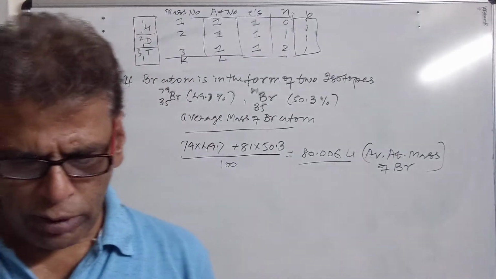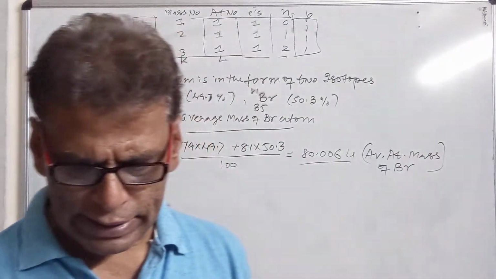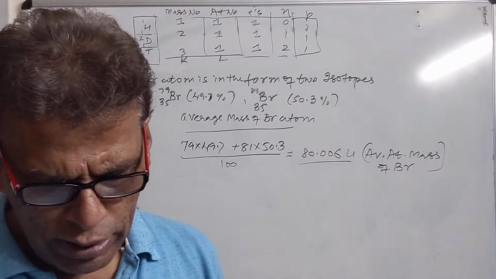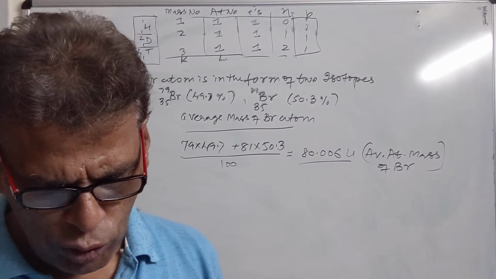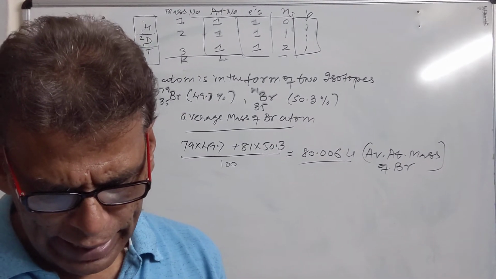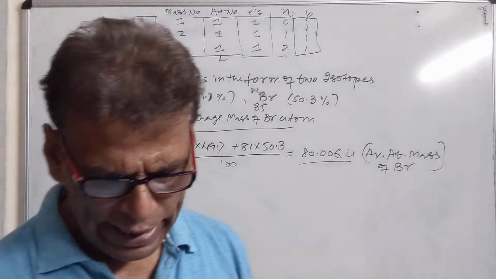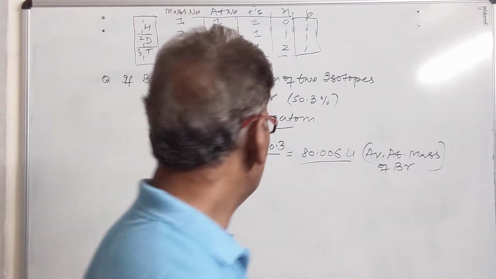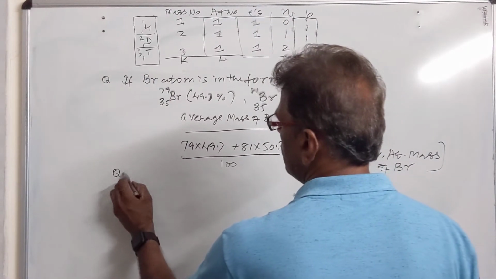Then the average atomic mass of a sample of X is 16.2. What are the percentages of isotopes X 8 16 and X 8 18? So this is our next problem.